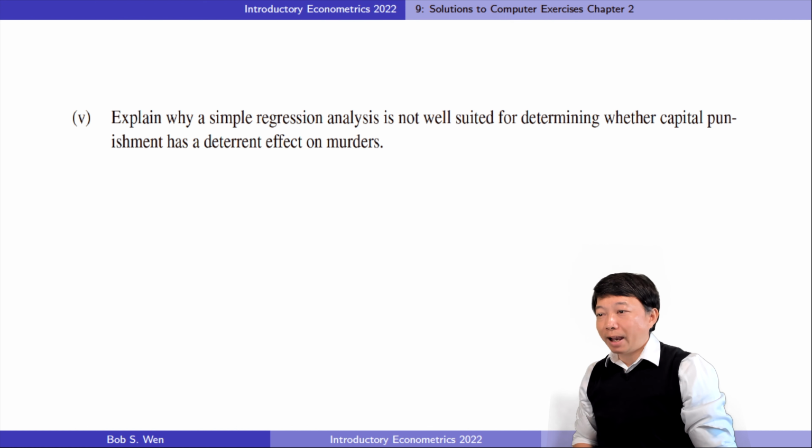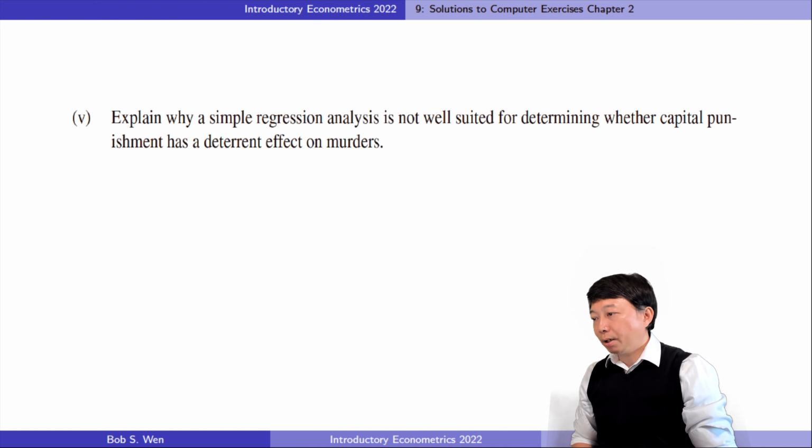The OLS estimate is biased without controlling for these factors. That is, the OLS estimate is not the ceteris paribus deterrent effect of capital punishment on murders.